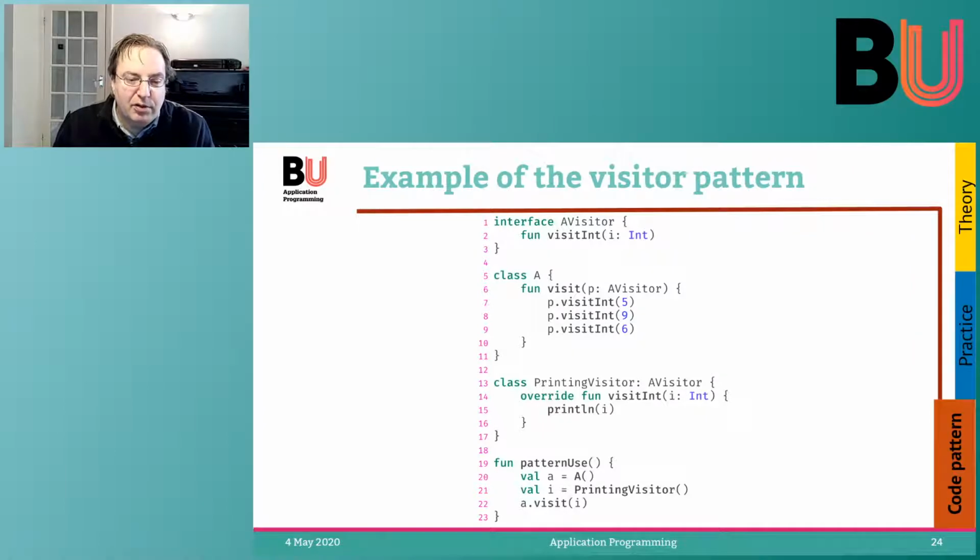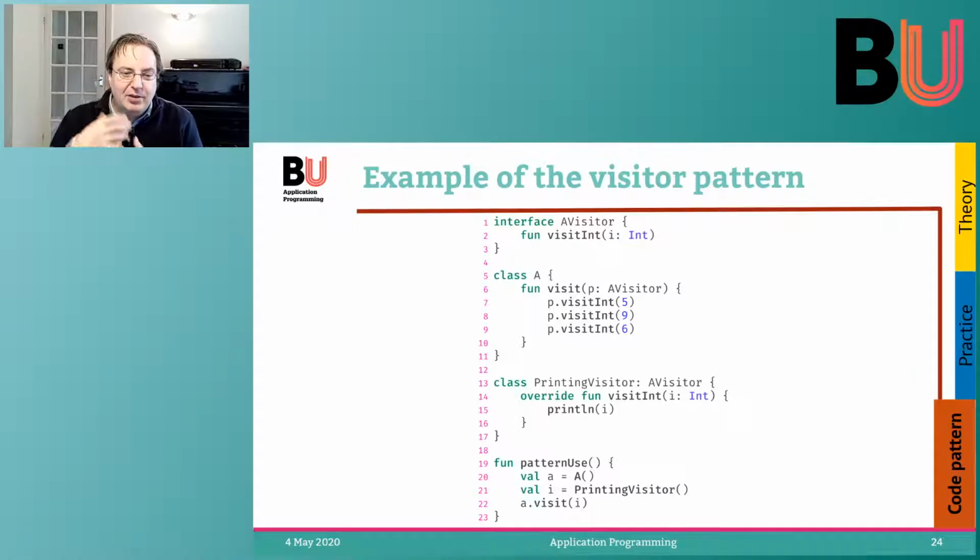When we use this, we need of course an instance of the visitee, we need an instance of the visitor, and then we call the visit function of the visitee with the visitor, and that will print our data. So that is the visitor pattern, and it is quite a clever trick, and it's very close to our callbacks and stuff like that.